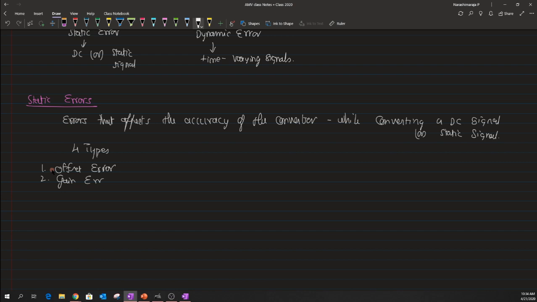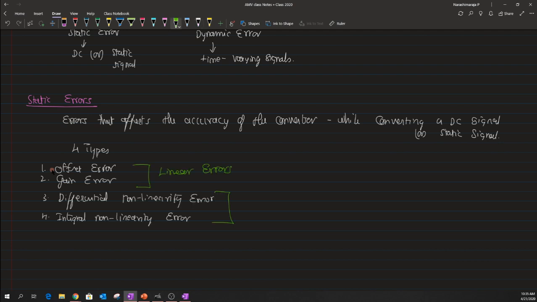And the next two types are the differential nonlinearity error, which can be shortly called DNL. I will use this same short form DNL whenever I am trying to refer to differential nonlinearity.